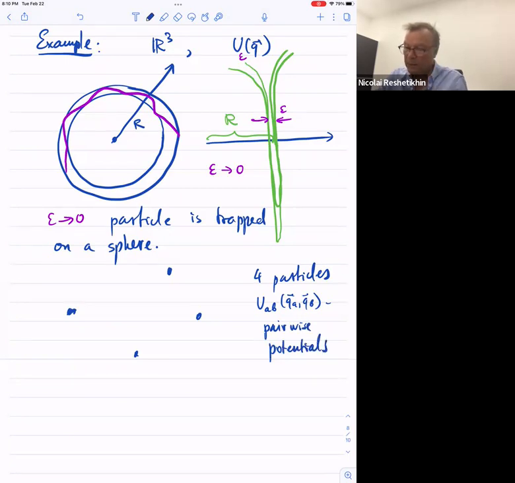And let's assume that these potentials are of this form that's supported on a sphere. So then you're fixing the distances between 1, 2, 3, 4.